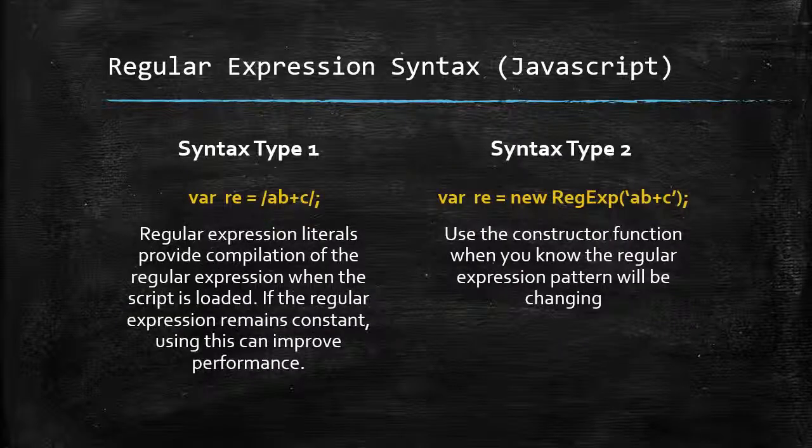So there are 2 types of syntax that we can use, and they're used for different reasons. On the left side with the type 1, literally whatever you put between these 2 forward slashes, we will be matching in the string.